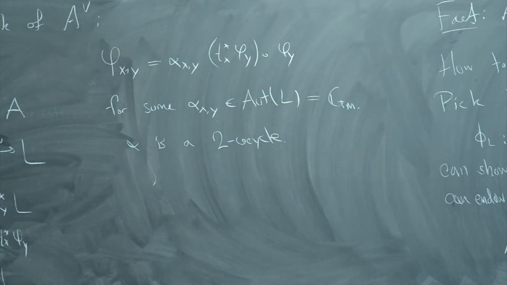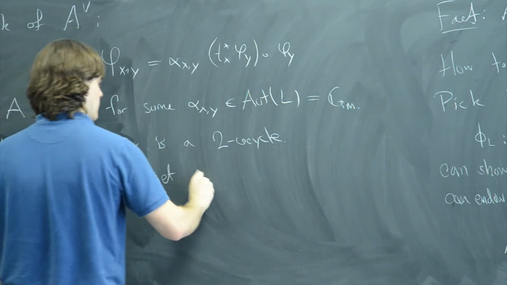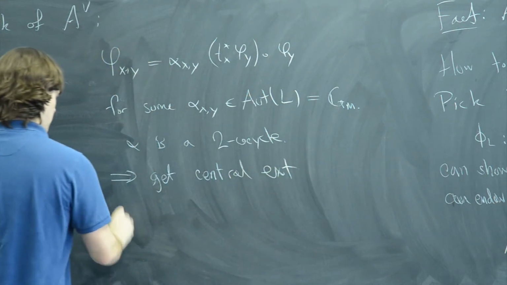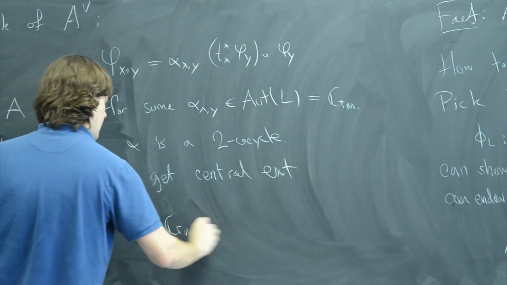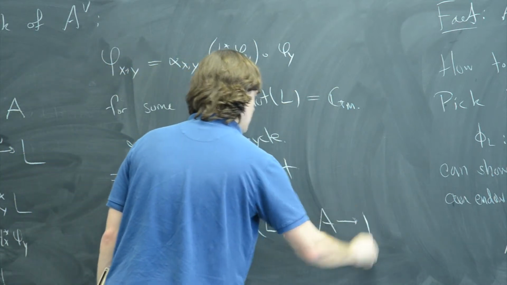So we have A acting trivially on G_m. This just satisfies the two-cocycle condition for formal reasons. And so that means that it corresponds to a central extension of A by G_m. So 1, G_m, I'm going to call the thing in the middle script G of L, and this maps to A.